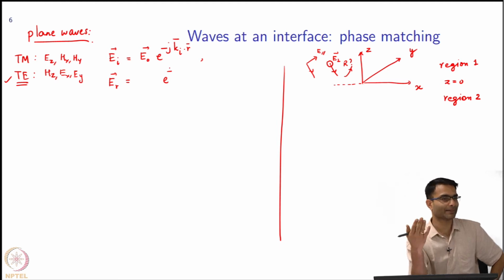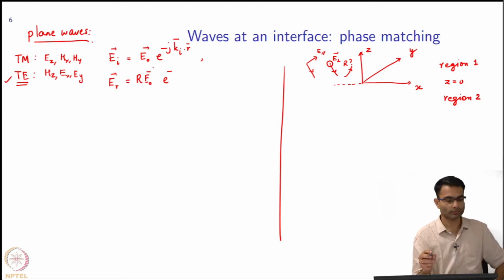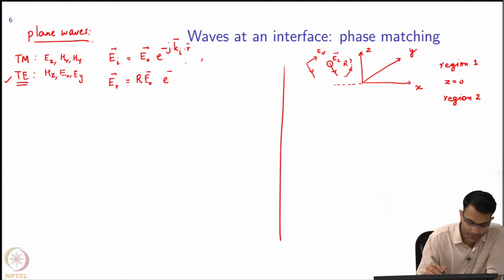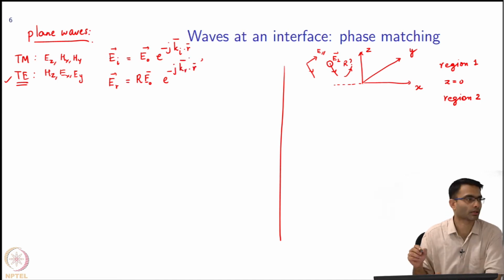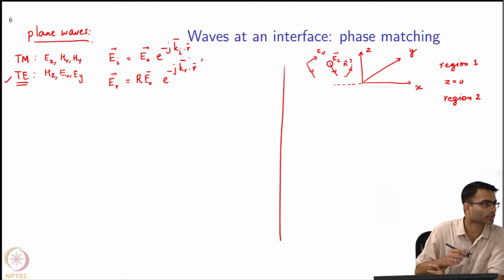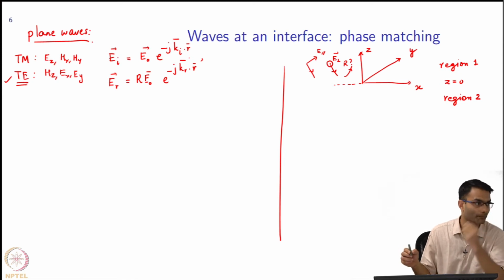They should be in the same plane, right. So, I can write this as simply some R times E naught, and what do I write for this? Kr dot r, right. Kr is the reflected wave vector. There will be a simple relation between Ki and Kr which we will derive.